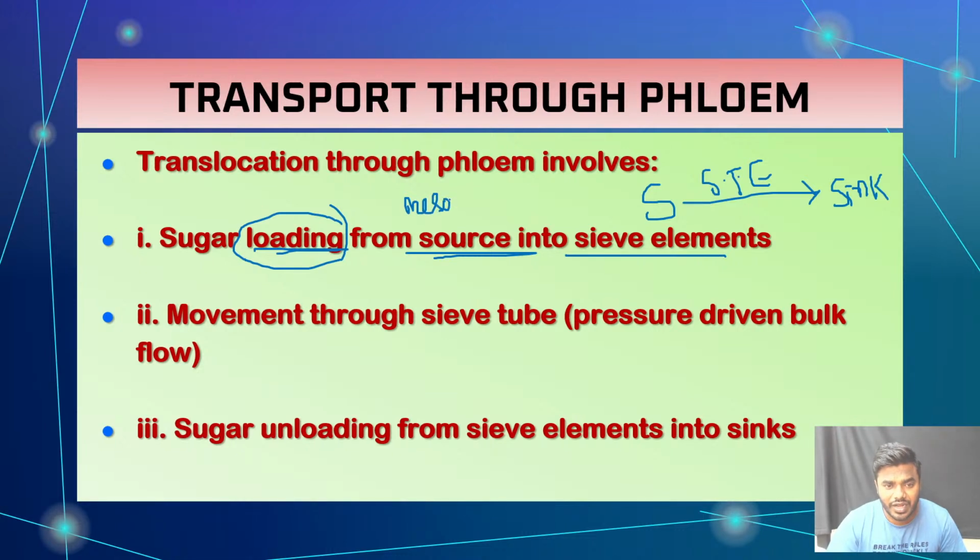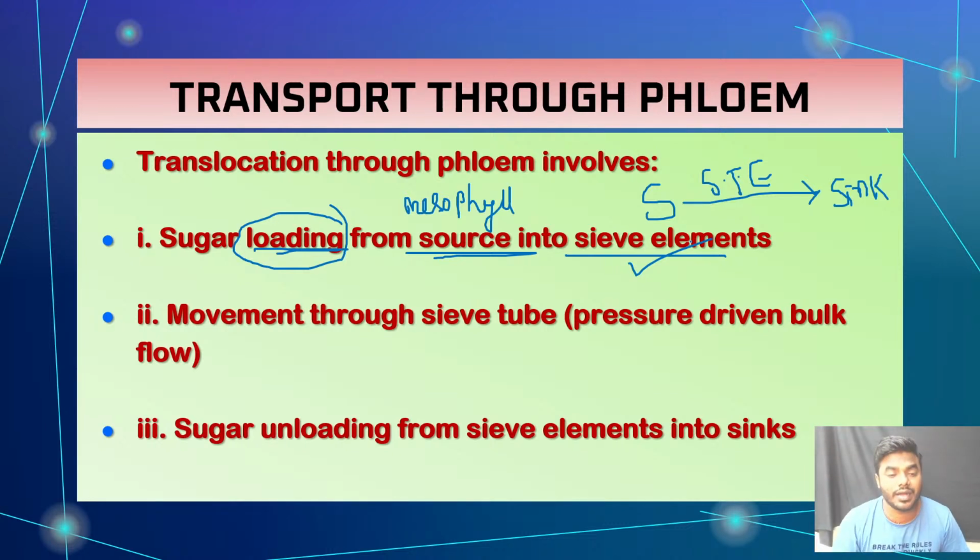We all know very well. The source is the mesophyll. So from the mesophyll cells via the companion cell, we will load into the sieve elements. Once we load into the sieve element, what is happening, friends? Movement is occurring through the sieve tube. Inside the sieve tube, sugar has to be transported.